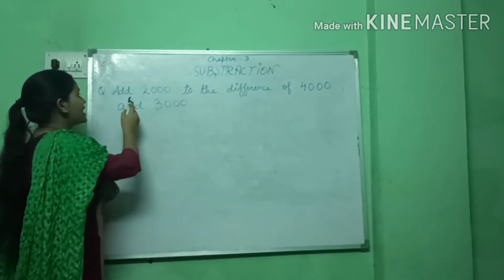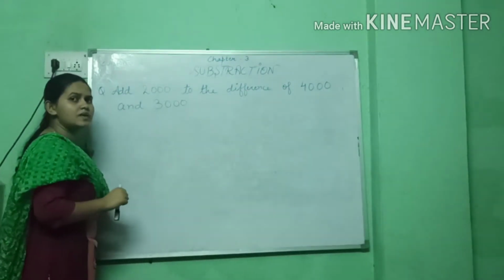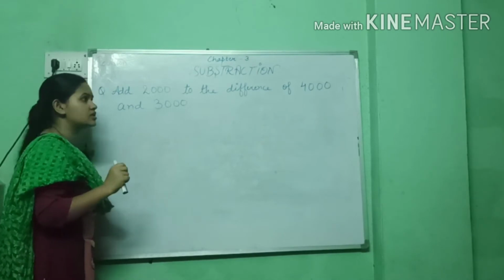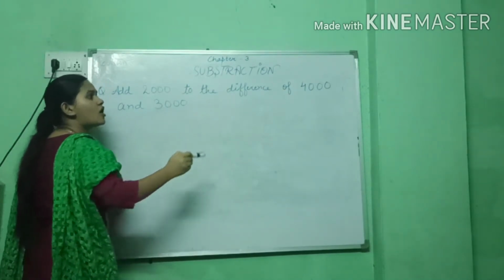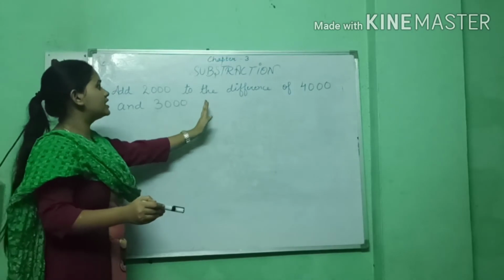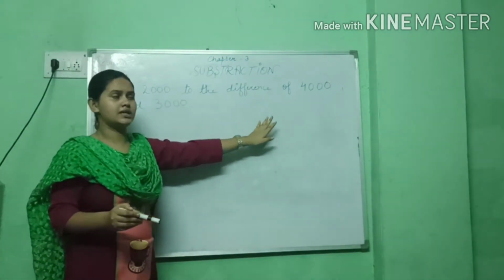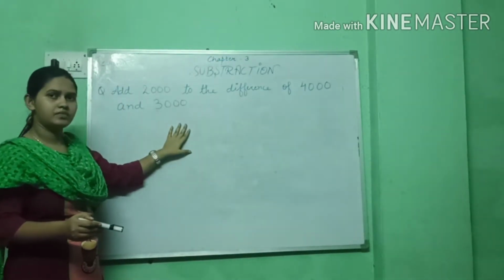What is given to us? Add 2000, which means we have to add 2000 to the difference of 4000 and 3000.